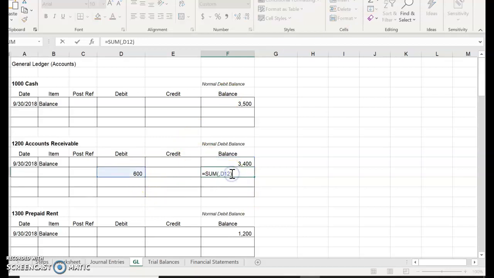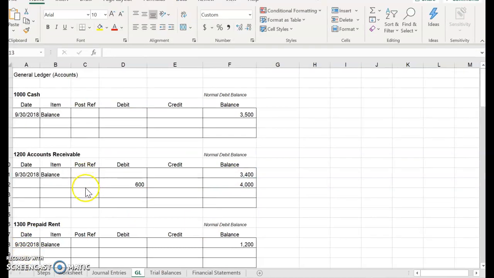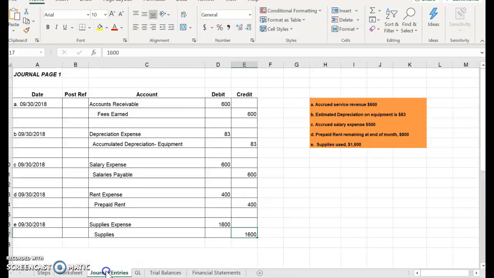So now my accounts receivable balance is $4,000. For the post ref, it came from journal entry page 1, and this is account 1200. So when we go back to our post ref here, we put 1200.